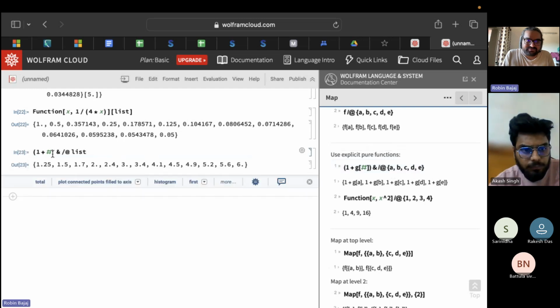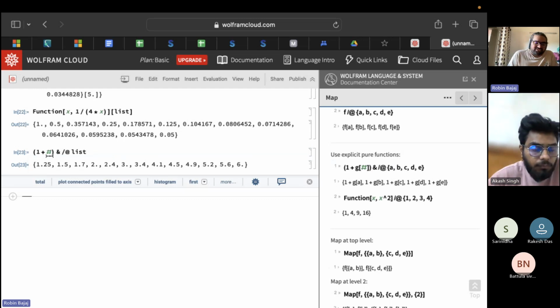Okay, what happened here? Can you see? You had a list. This hashtag is basically replaced by every element of the list and you give 1 plus that. So our first element was 0.25, it added 1, it became 1.25. Then it became 1.5, so that's how it gave us everything.